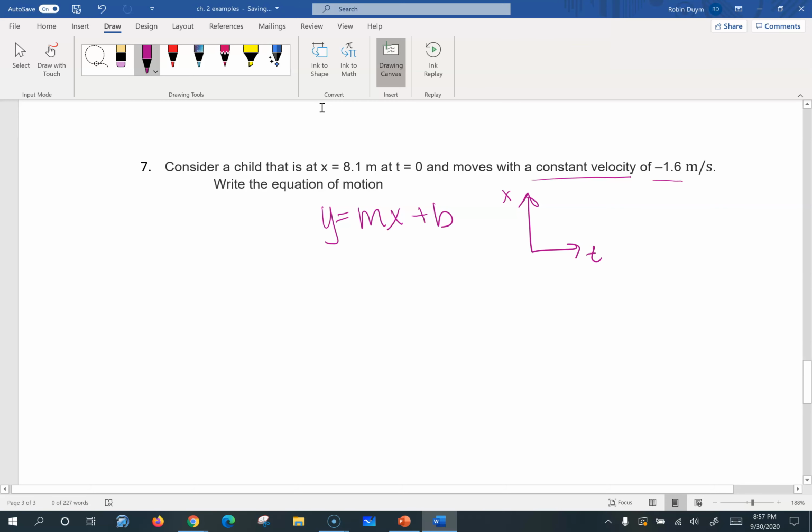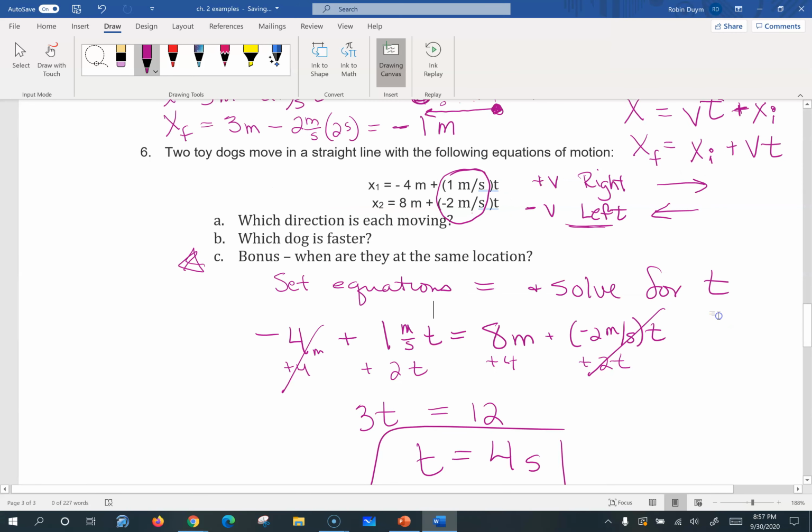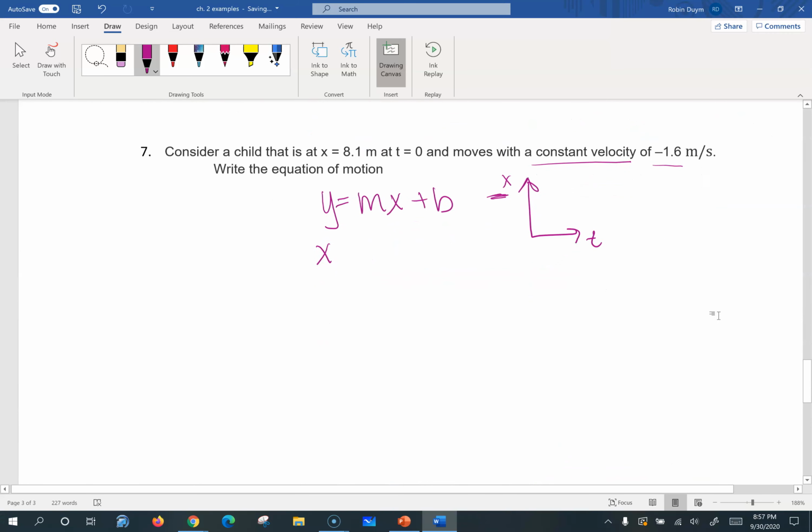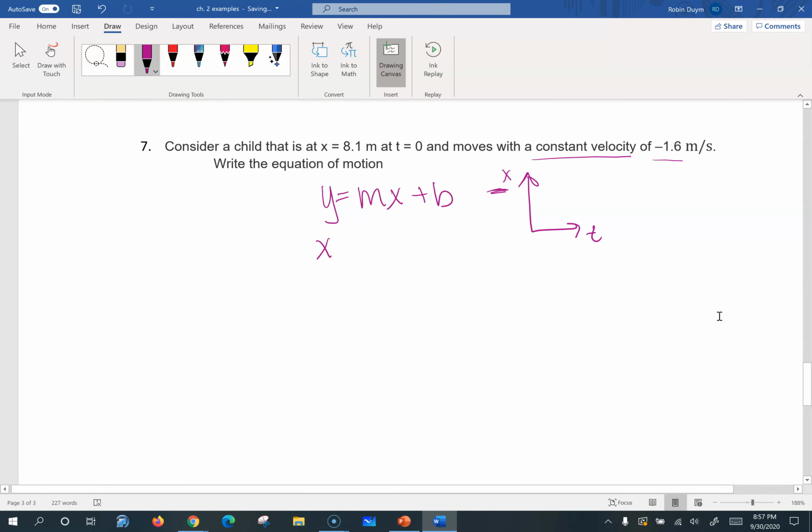But this way you have it in your head, you write it down, and now you remember, oh yeah, in physics I put displacement on the y, and then I remember that my v is my slope, and then what's on my x-axis, that's a t, and then this is my initial position.